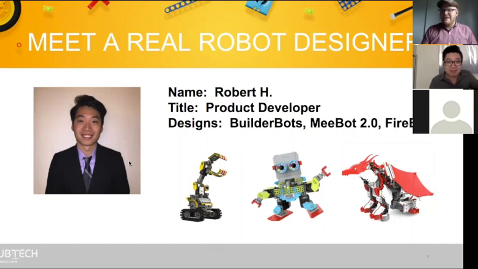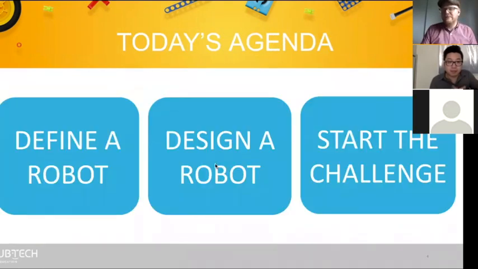Thanks for joining, Robert. During this session today, we're going to dive into Robert's design process, and hopefully you will be able to start designing your own robot at home. Our agenda today is, first we want to think about what is a robot and how we can define a robot.